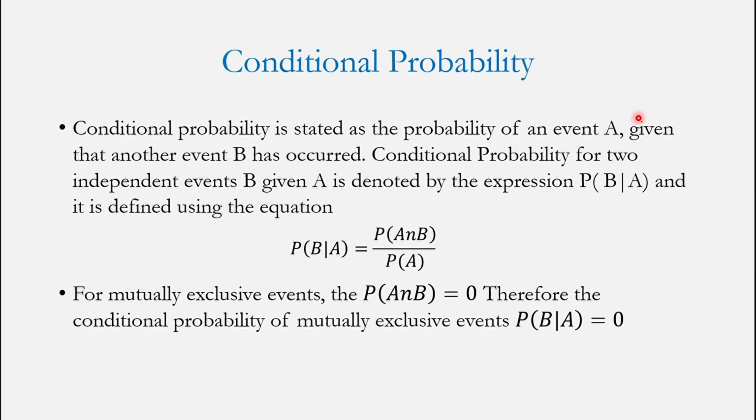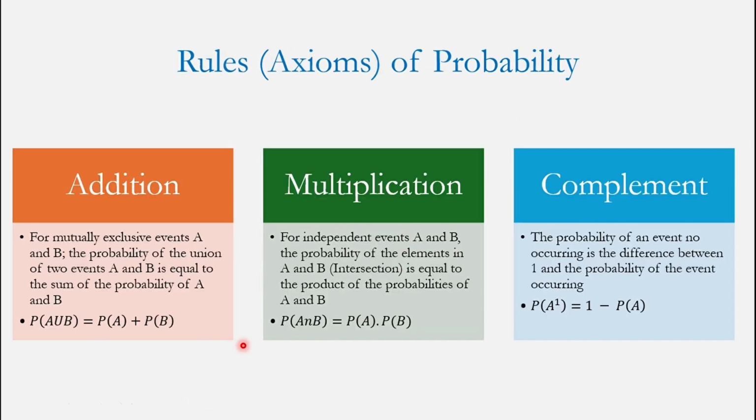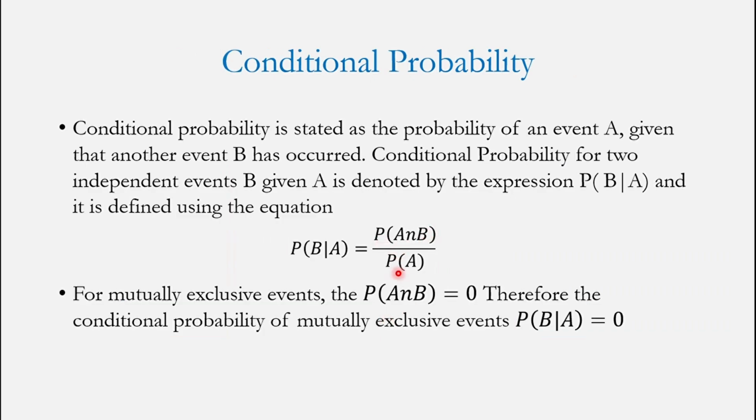The conditional probability of B given A is denoted by P of B given A, and it's defined using the equation below. P of B given A equals P of A intersection B divided by P of A. And A intersection B, as in the previous slide where we had the multiplication rule, is given by P of A multiplied by P of B, divided by the probability of A.